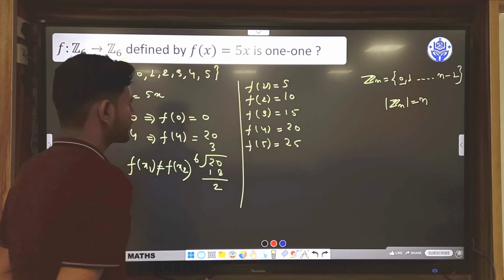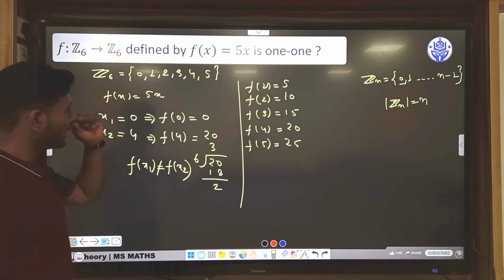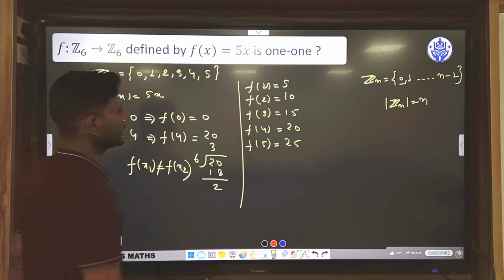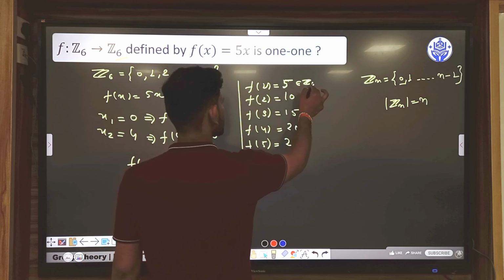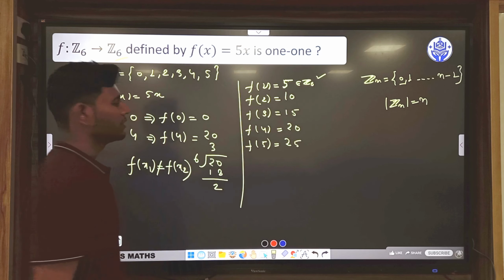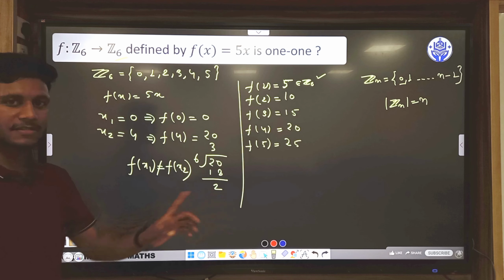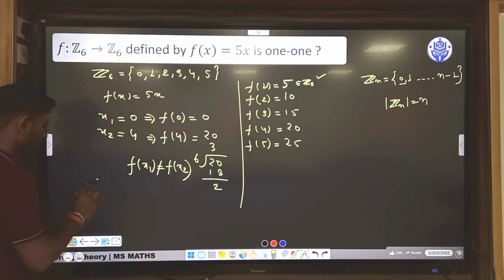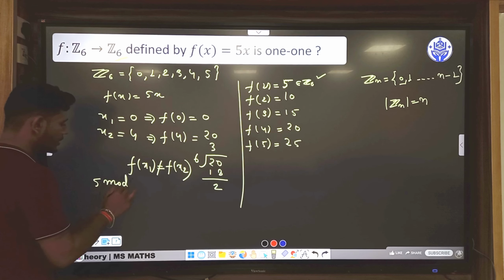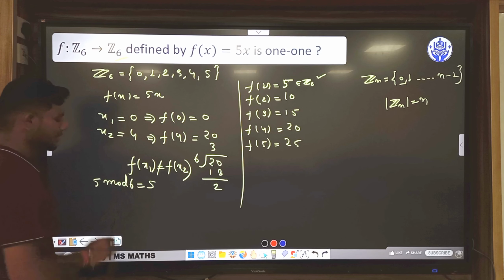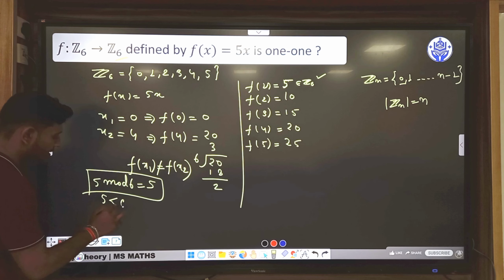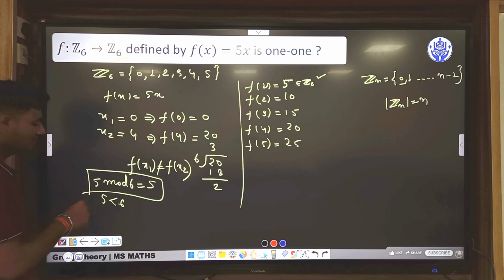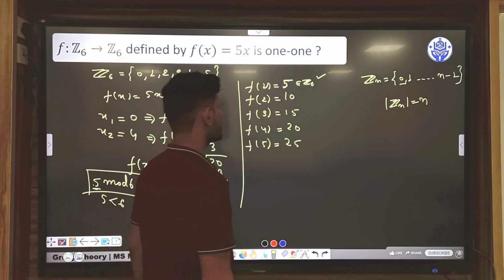Now you can check from here, if I find the mod of each, 5 belongs to Z6. There is no need to take mod of this, because 5 mod 6 is going to be 5 only, as 5 is less than 6. If any number here is greater than 6, then we divide and find the remainder for the mod case.